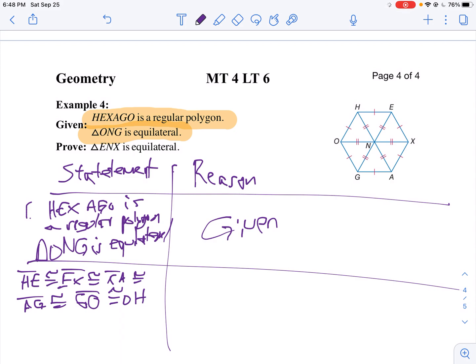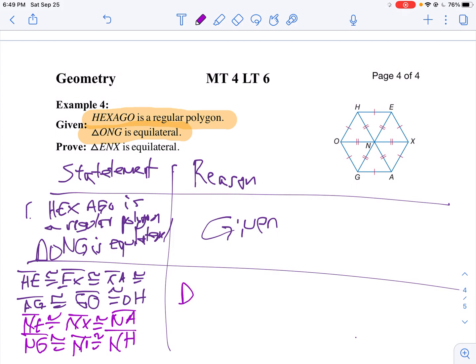Also, because it's a regular polygon, I know the distance from the center is always going to be the same. I'm going to use a different color here so you can see the difference. So in other words, NE, you can kind of see they're marked for us, is congruent to NX, which is congruent to NA, which is congruent to NG, which is congruent to NO, which is congruent to NH.